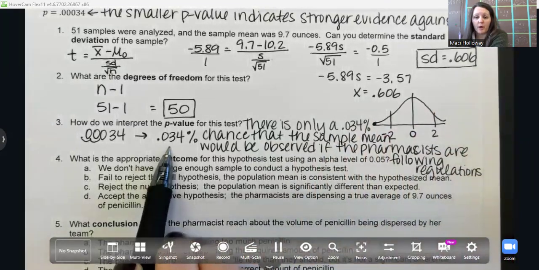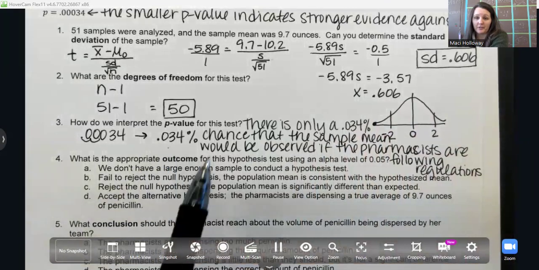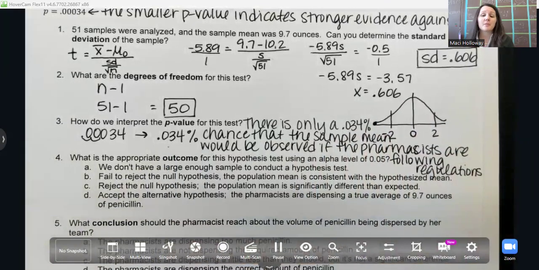So that's a very low probability that the pharmacists are doing what they're supposed to be doing with penicillin.